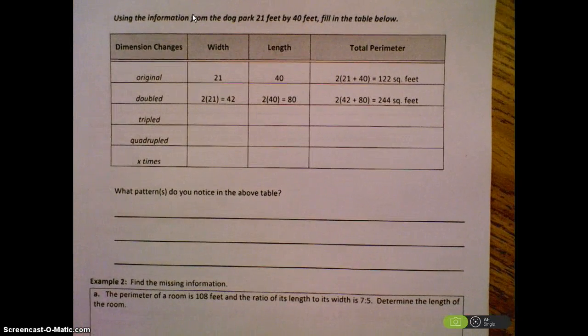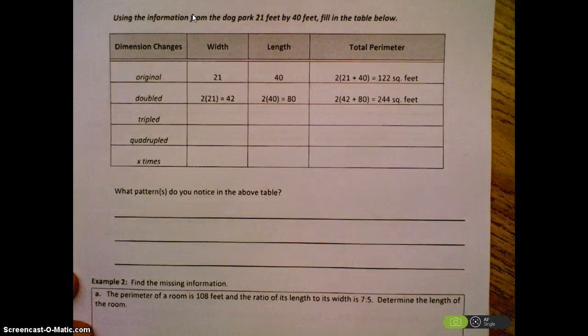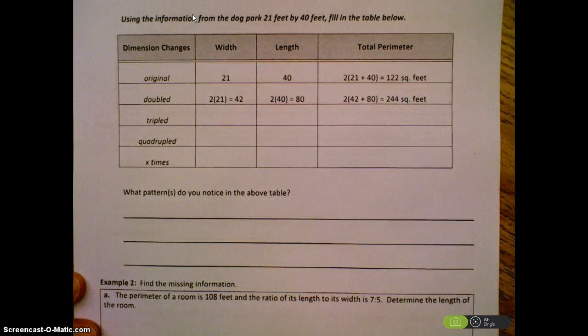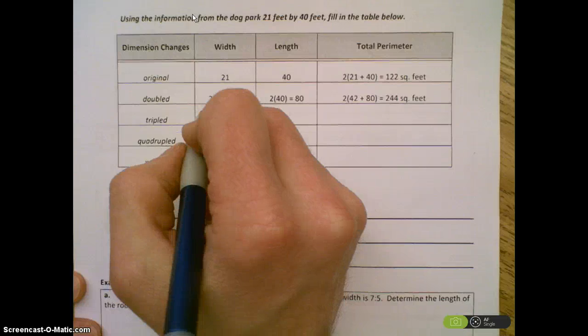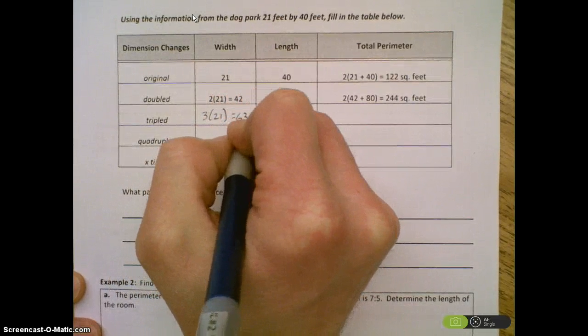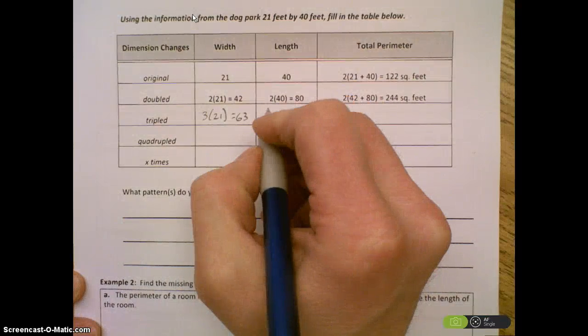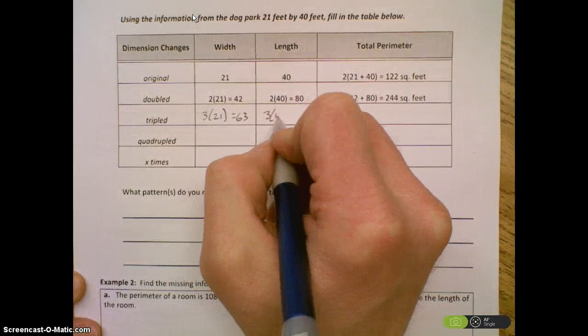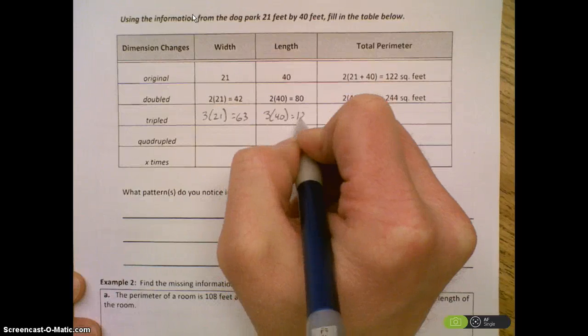We're going to look at the information that we had from the previous example and kind of fill in this chart. So again, if you want to pause it and fill this out, see if you did it right. The width, if we tripled, would be 3 times 21, which was 63. We already figured that out. And the length would be 3 times 40, so that would be 120.